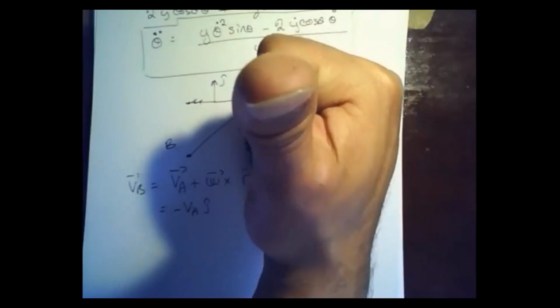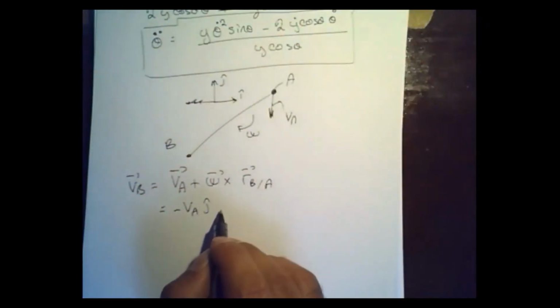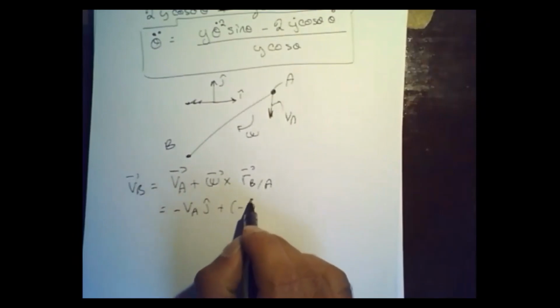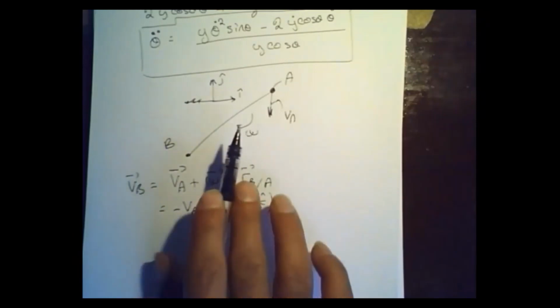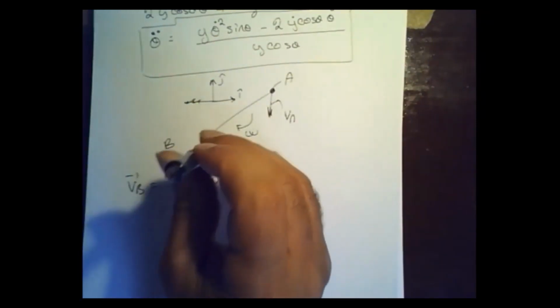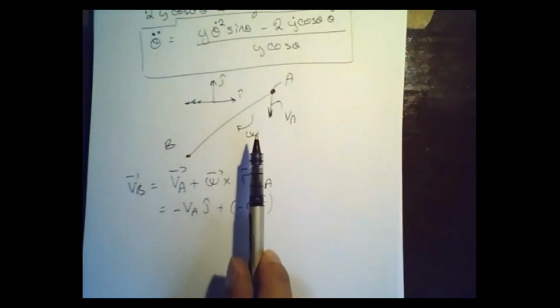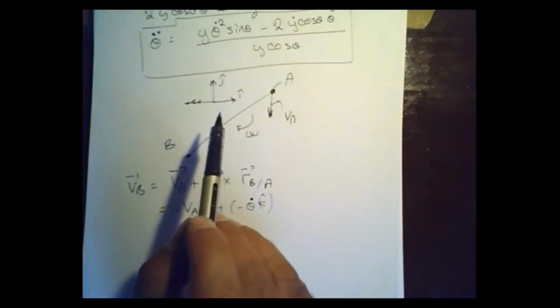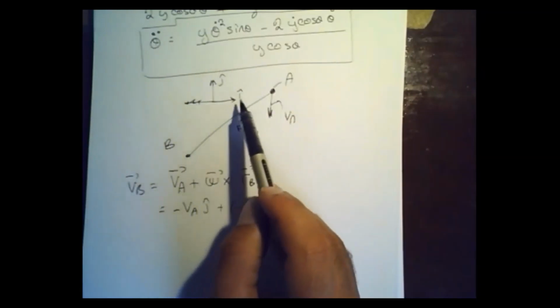So this is positive K, right? So in this case, omega has to be minus theta prime K. Do you guys agree why it is minus theta prime K? Right? So this is I, J, K is actually coming up, right? So this rotation will give you positive K. In this case, this guy is rotating the opposite direction, so K is downward, right? So based on this omega, it is in a negative K direction based on this frame that I have. Does it make sense?